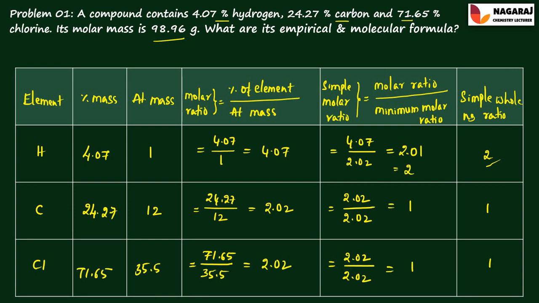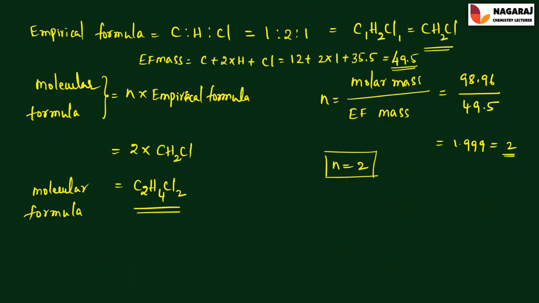After calculating the simple whole number ratio, calculate the empirical formula mass and then calculate the n value. The n value is always equal to the molar mass divided by the empirical formula mass. So the molar mass 98.96 divided by the empirical formula mass 49.5 gives 2.